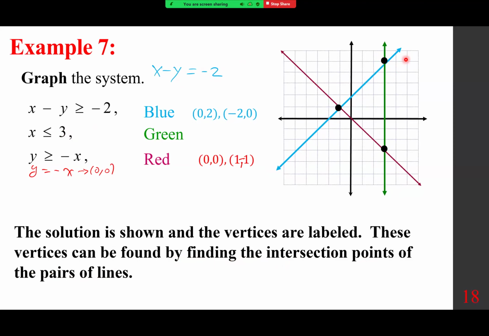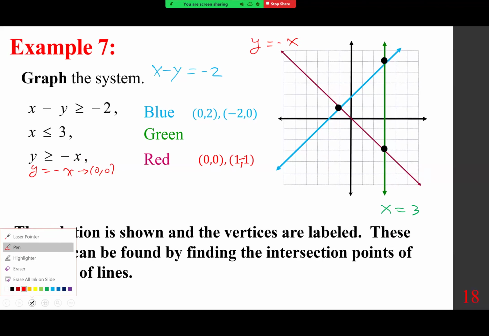Okay. Now, if you look at this line, y equals -x, let me just actually write this. So this is x equals 3, green one. So no matter what, x is equal to 3. And this one, what color do I use? Let's say red. This is y equals -x.